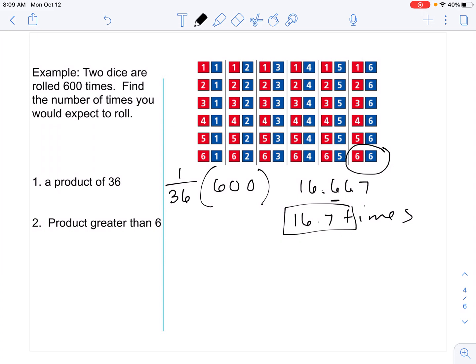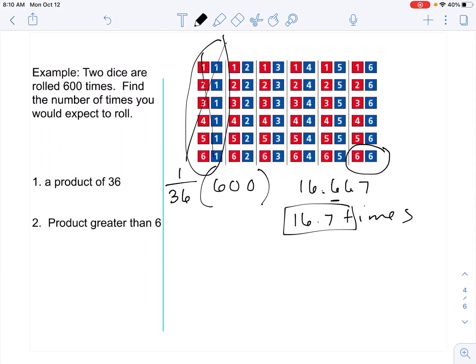Number 2, find the number of times you would expect to roll a product greater than 6. So we need to figure out the probability that a product greater than 6 would happen. All of these are going to be less than 6, so not those.